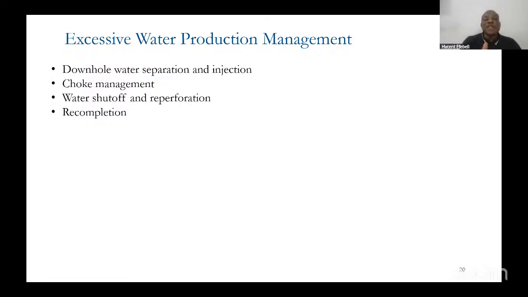But this is also why, when you are completing your well, you need to be careful, because if the water production is from a well that was completed with gravel pack, then it makes water shut off very difficult, right? But if it was completed maybe without a sand control mechanism, or with SCON, sand consolidation, for instance, it becomes easier to shut off water. What I'm saying is you can reperforate shallower and shut off water from the same sand.